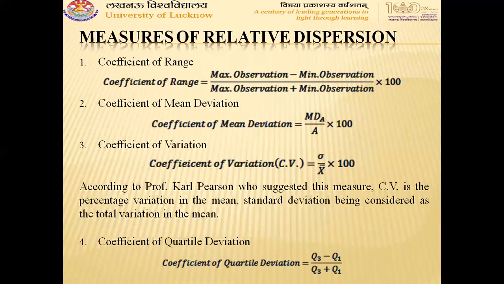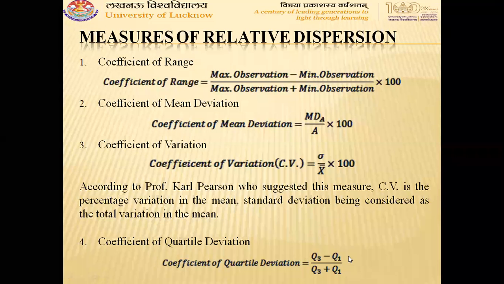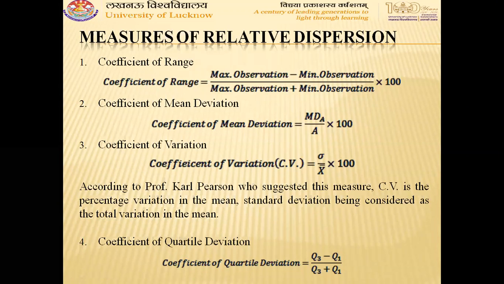Similarly, for quartile deviation, we can obtain the coefficient of quartile deviation. Quartile deviation uses two quantities, first quartile and third quartile. In the same manner as in the range, the same steps are used in the quartile deviation, that is Q3 minus Q1 divided by Q3 plus Q1.